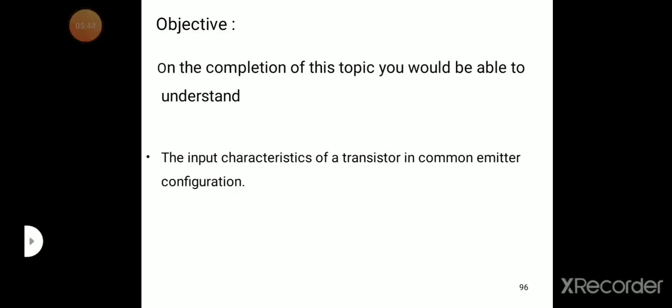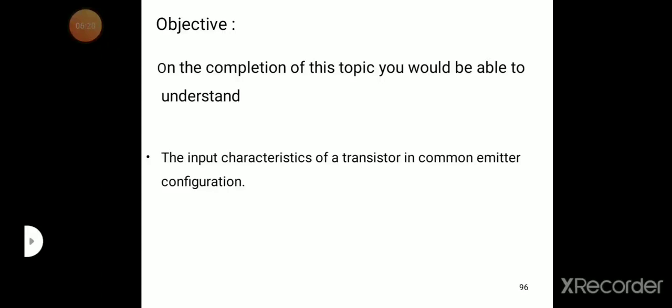In that connection, how is the transistor behaving? What are the input behavior and output behavior when we apply the external DC voltage? Is it satisfying our amplification application, that is, whenever we apply a signal, it should be strengthened at the output side? That is what we try to understand from the characteristics of the device.